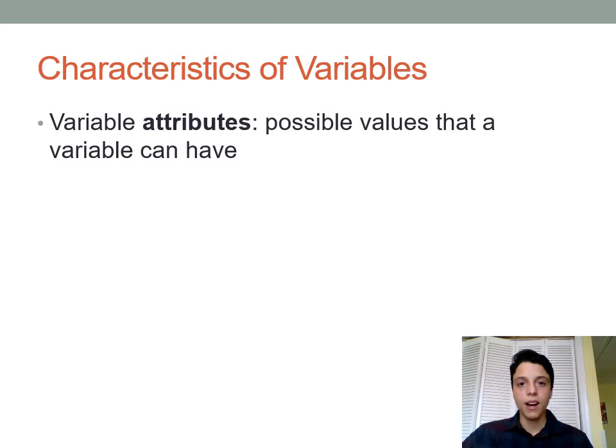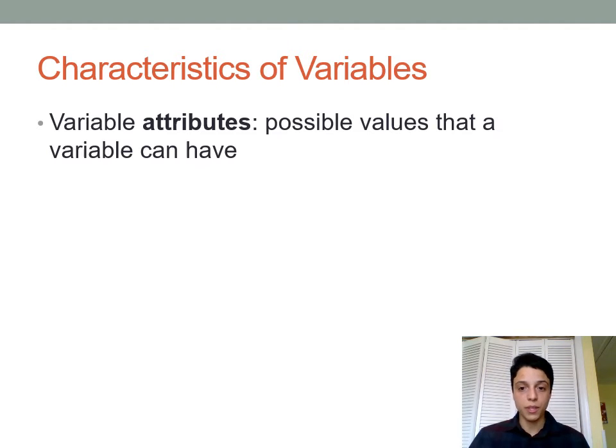And so in the example of whether a police officer uses force as a variable, one attribute would be that the police officer doesn't use force, and one attribute would be that the police officer does use force. So the variable is whether force is used, and then the two possible attributes that it can have are that either force is used or force isn't used.